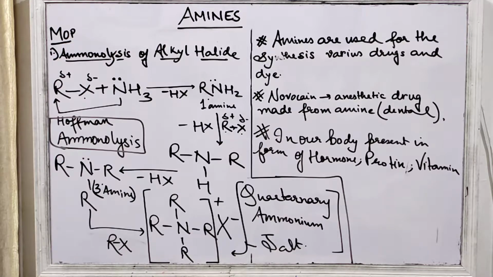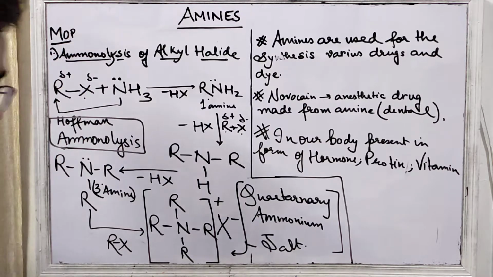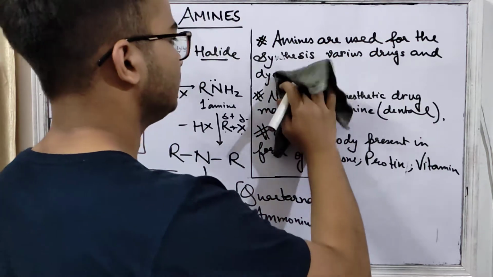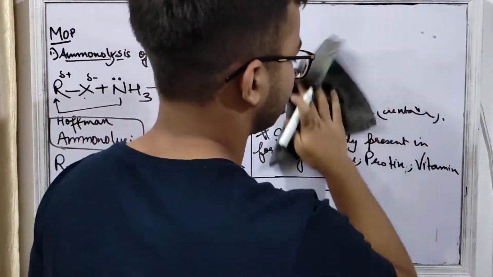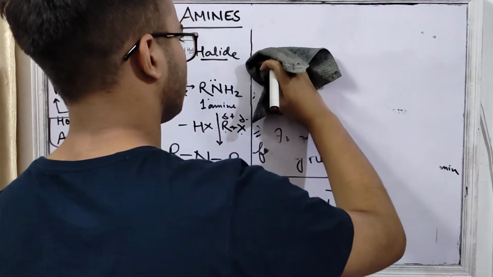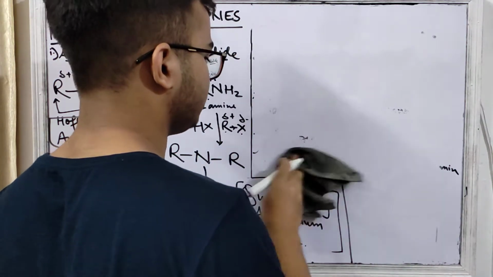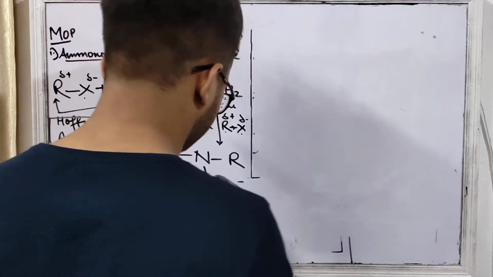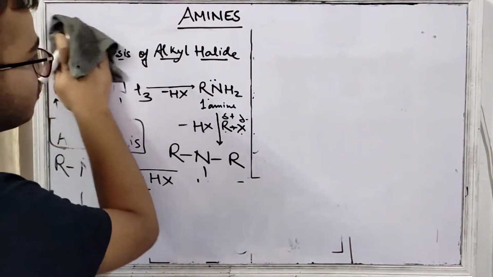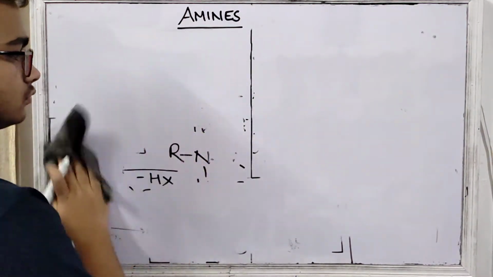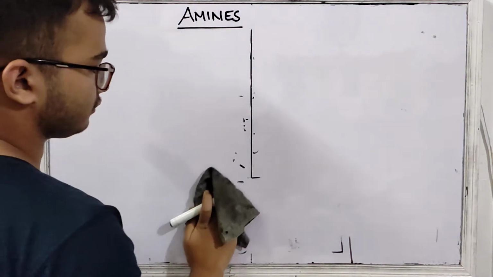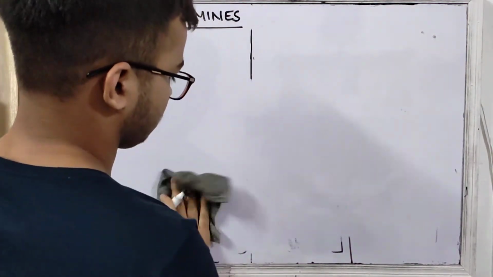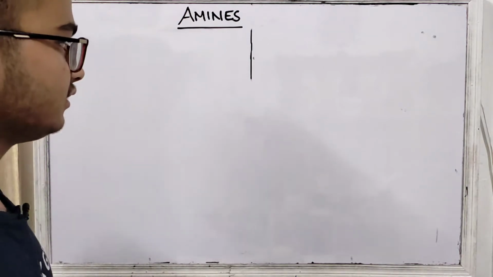Okay. Next we will learn about the preparation from the reduction of the nitriles. So this is going to be number 2. So I am erasing this. All right. So let's make this line once again.